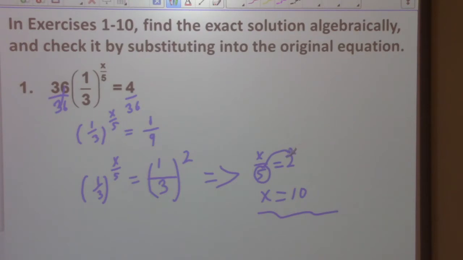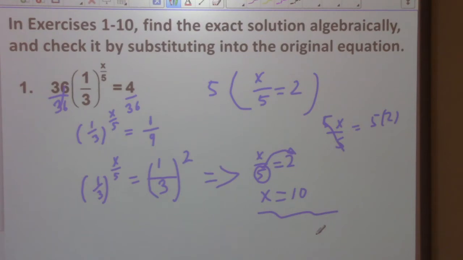And what you're really doing here, Chloe and anybody else, is multiplying the whole equation by 5. When you do that, on the left side you get 5x over 5, and on the right side you get 5 times 2. That's what cross multiplying does for you, okay?